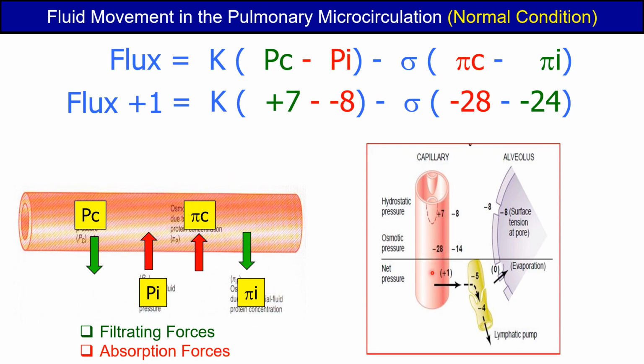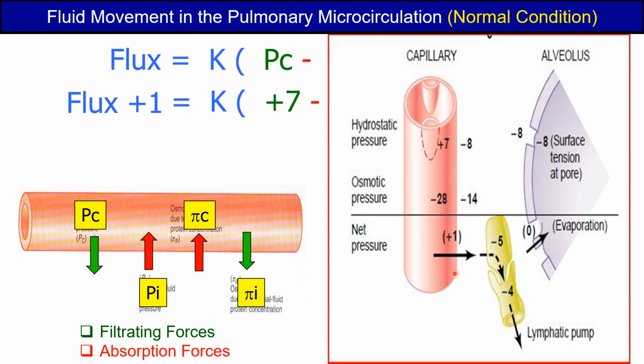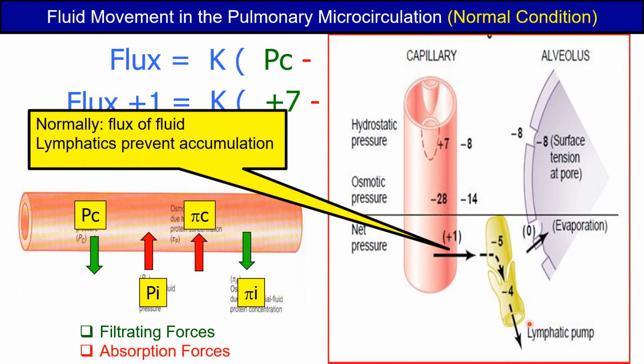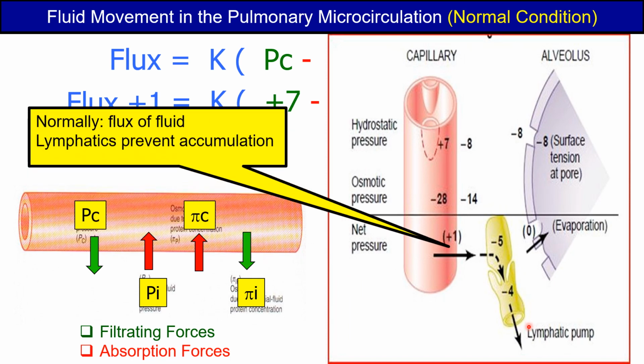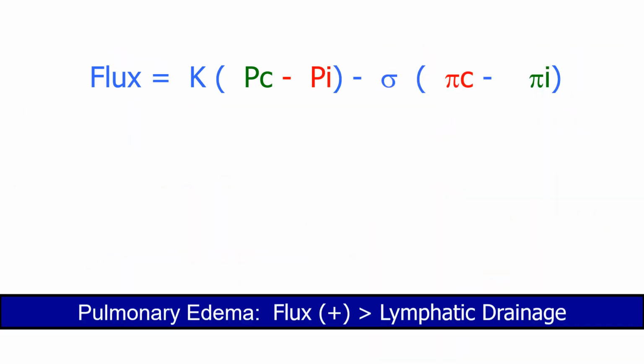You have a flux of 1. Usually, there's no fluid accumulation here because the fluid moving out of the pulmonary circulation is immediately drained by the lymphatic vessels. So normally there's a flux of fluid and the lymphatics prevent its accumulation.